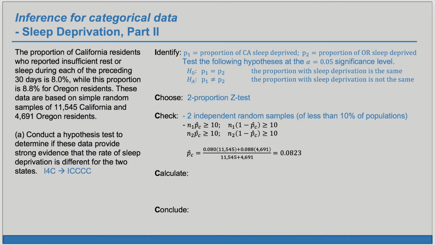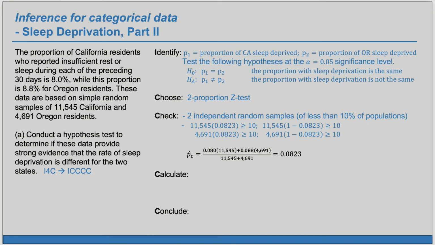We get something somewhere between the two of them, and we can see that it's a bit closer to the 8% because the California sample size is larger, so it gets weighted more. So now we have our pooled proportion, and we can plug that along with the sample sizes in and see that yes, each of these terms is greater than or equal to 10. And so with our conditions met, we can move on to calculate.